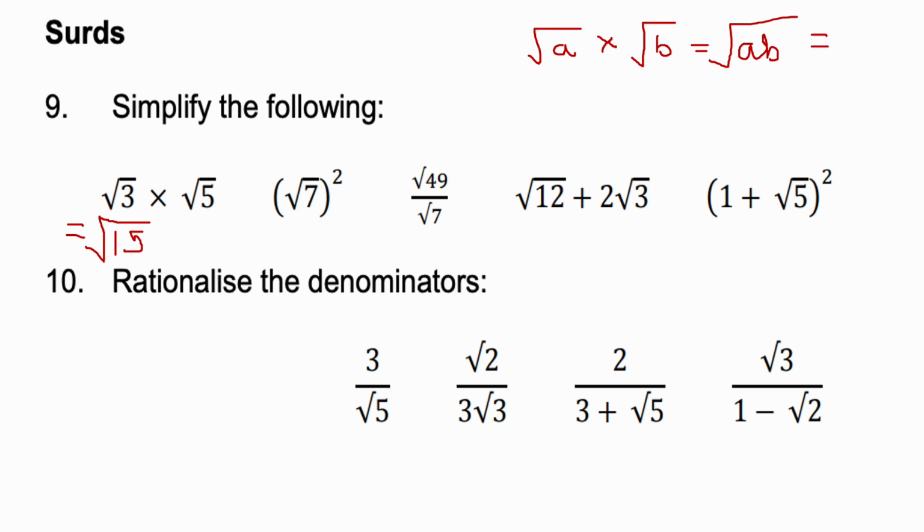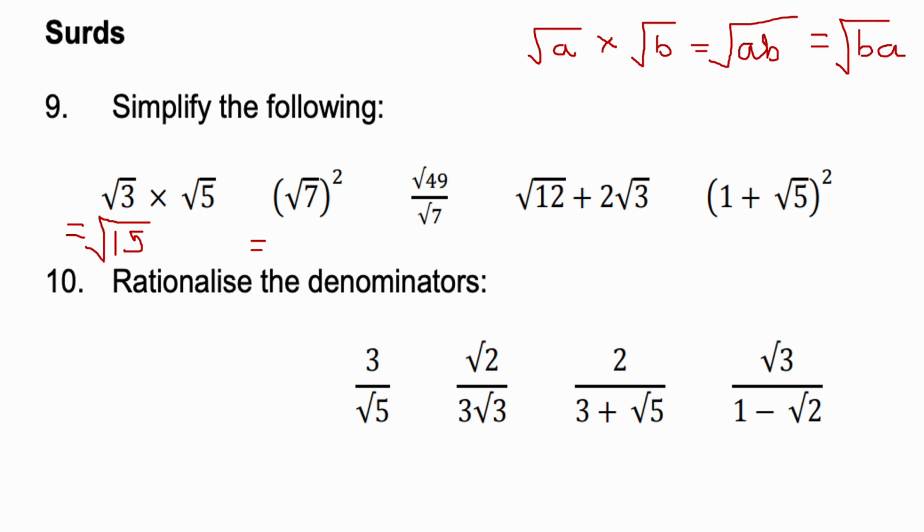It can also be the square root of BA. It doesn't really matter which way around you write it, but I can write it under one square root. So root 3 times root 5 is the same as saying root 3 times 5, which is root 15, or the square root of 15.